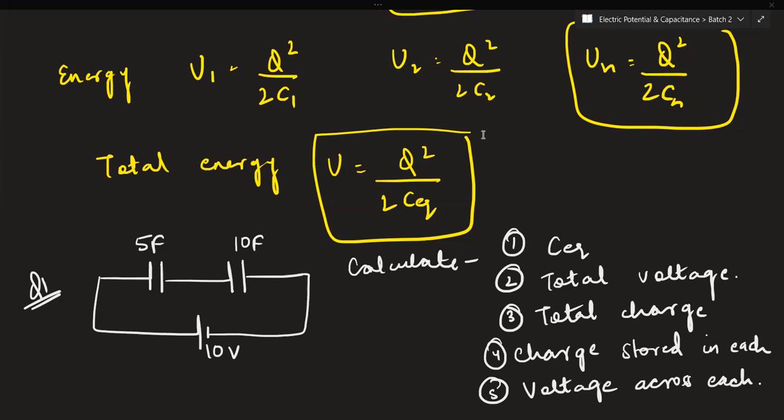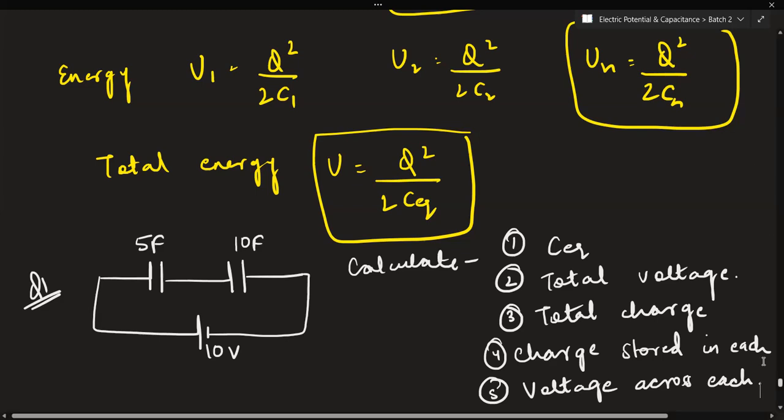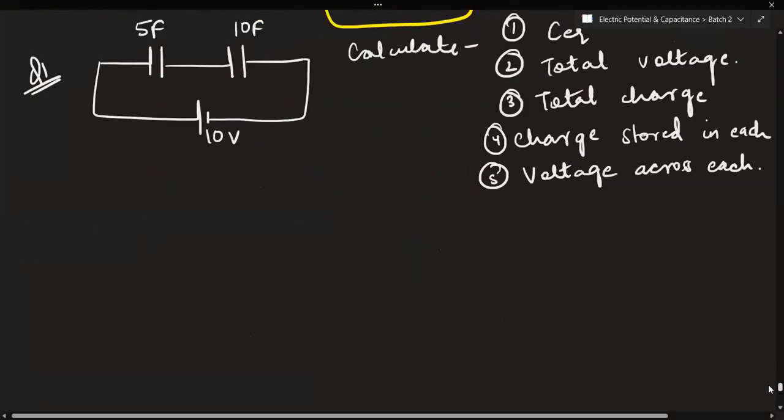So C equivalent is basically 1 by C1 plus 1 by C2. 1 by C equivalent is 1 by 5 plus 1 by 10. See, multiply this by 2 and divide it by 2 because your LCM is 10. You multiply this by 2.